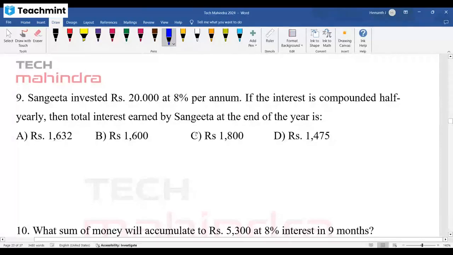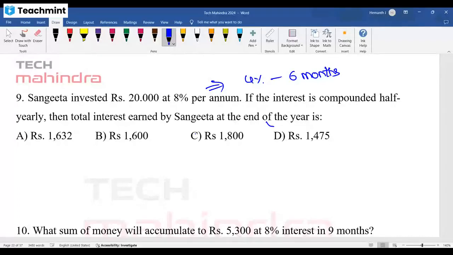Here what they given, compound half yearly. Compound half yearly means 4% for 6 months. For 1 year 8% means 4% for 6 months. In a year we have 2 half yearlies, right?